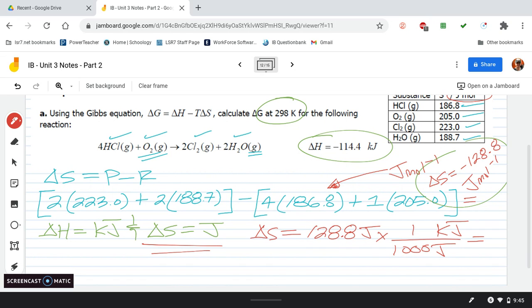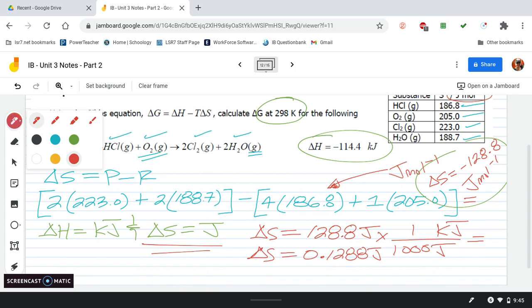So you're just going to bump the decimal point 3 spots to the left. It's going to become negative 0.1288 kilojoules. And we're going to use this one in the formula because it matches.